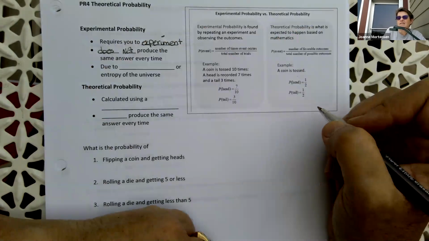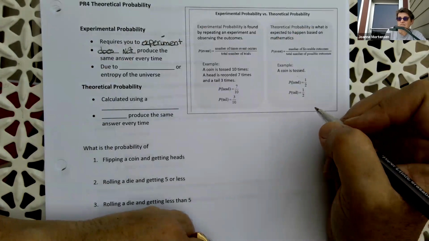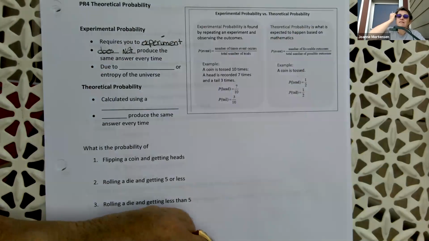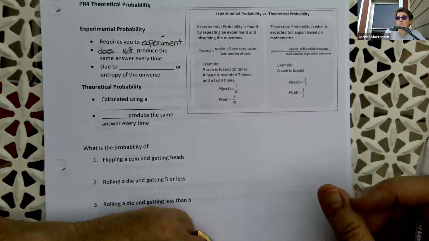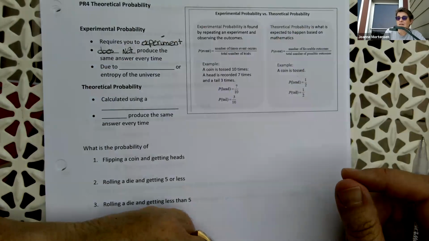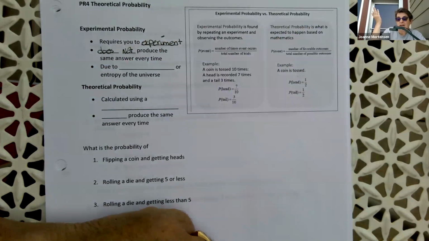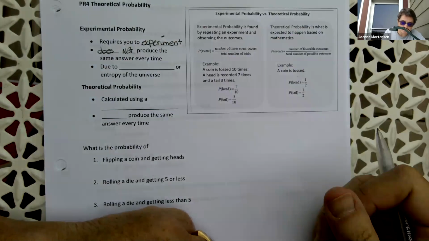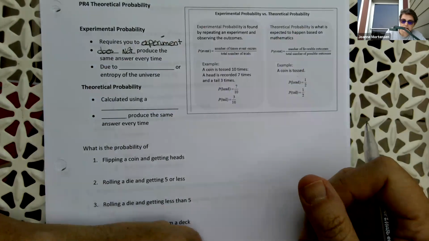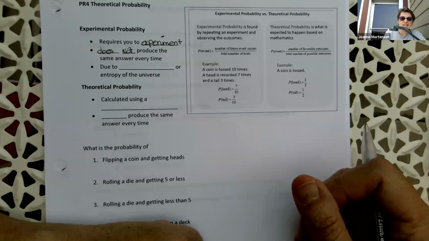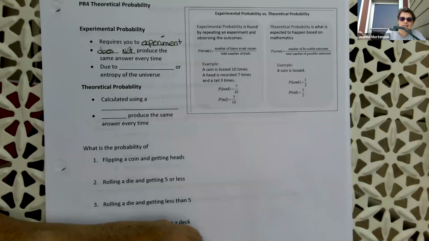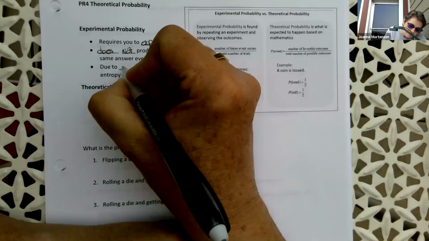So it'd be really hard to give it to you on a test and mark it, because everybody's going to have a different answer. Theoretically, you could toss the coin 12 times and it could all come up heads or all come up tails, but it's not going to happen very often. But I have to mark it right because it's an experiment. The reason experimental probability is a little tough to deal with is due to randomness.